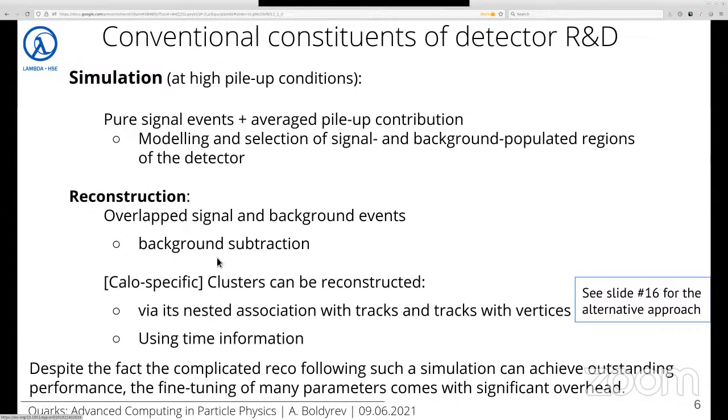In the case of reconstruction of overlapped signal and background events, we use background subtraction, and it is calorimeter specific that clusters of calorimetric energy can be reconstructed using their association with tracks and with vertices, and also using time information. Despite the fact that complicated reconstruction following such a simulation can achieve outstanding performance, the fine-tuning of many parameters comes with significant overhead.